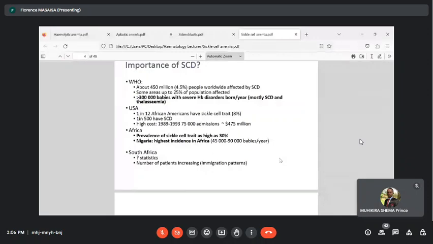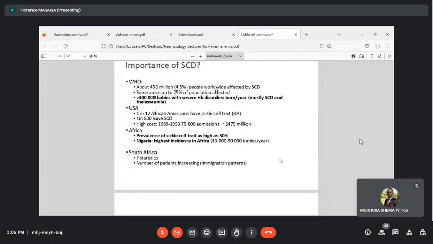More than 300,000 babies with severe hemoglobin disorders are born per year, especially in some of the countries. So in the US, the prevalence is mostly among African Americans, at 8%. We have high cost of disease follow-up and management.